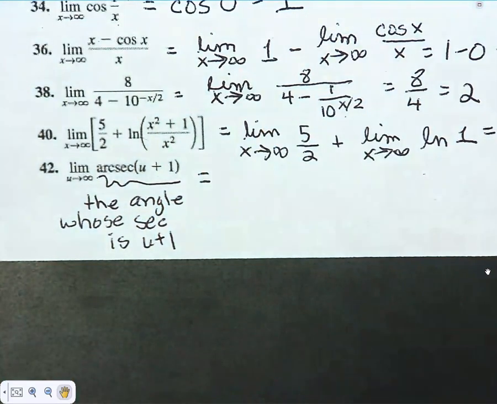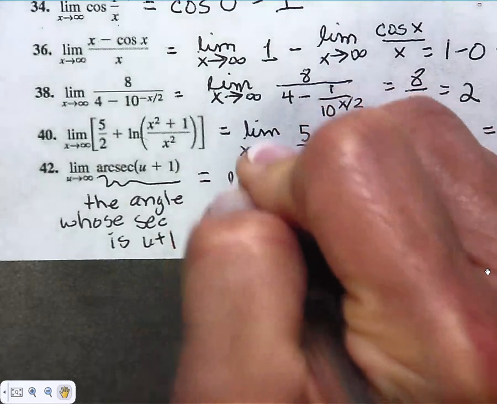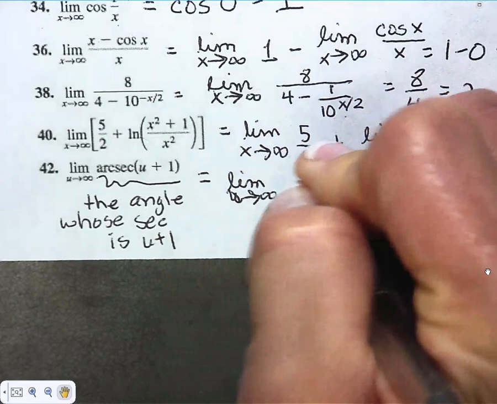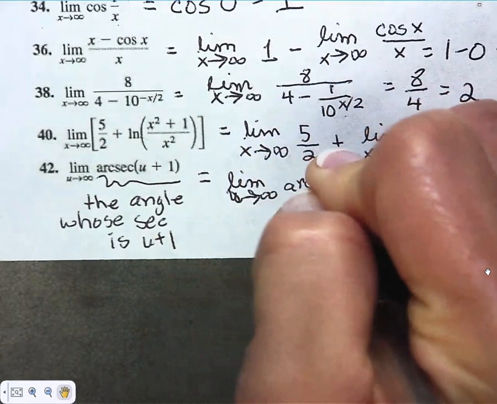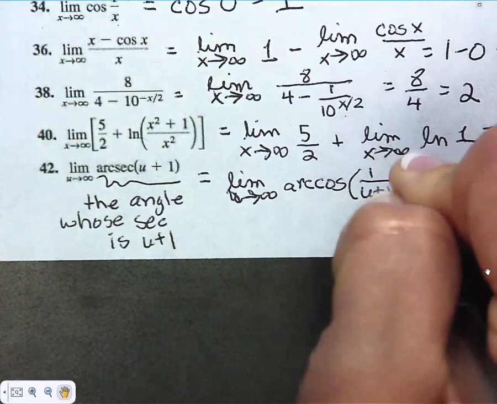If its secant is u plus 1, then what is its cosine? 1 over u plus 1. So the limit as u goes to infinity of arc cosine of 1 over u plus 1.